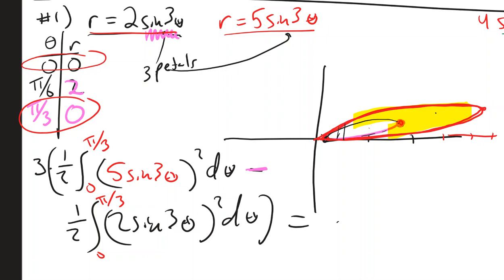Okay. All of that, my calculator is getting 16.493, and that matches up with what they have.